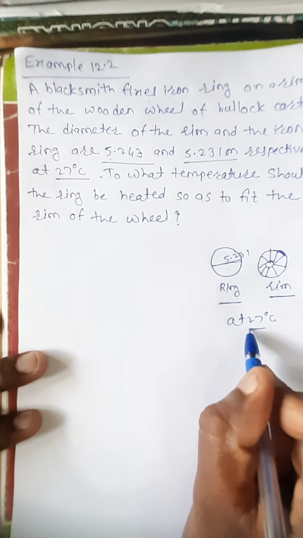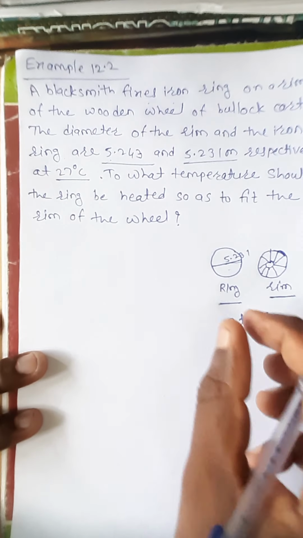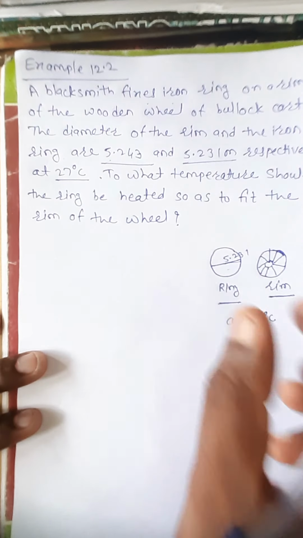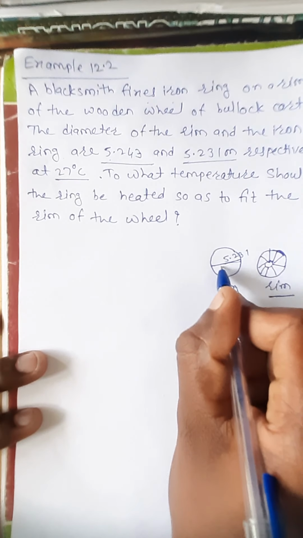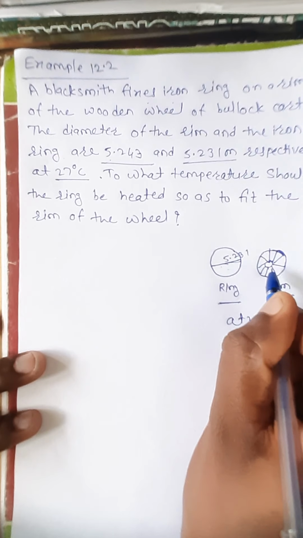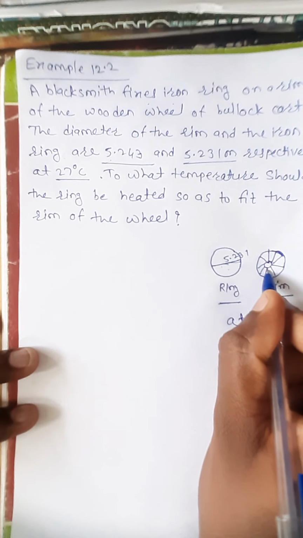The initial temperature is 27 degrees Celsius. When you heat the ring, its temperature increases and becomes T2. When its temperature becomes T2, the diameter of the ring is equal to the diameter of the rim.